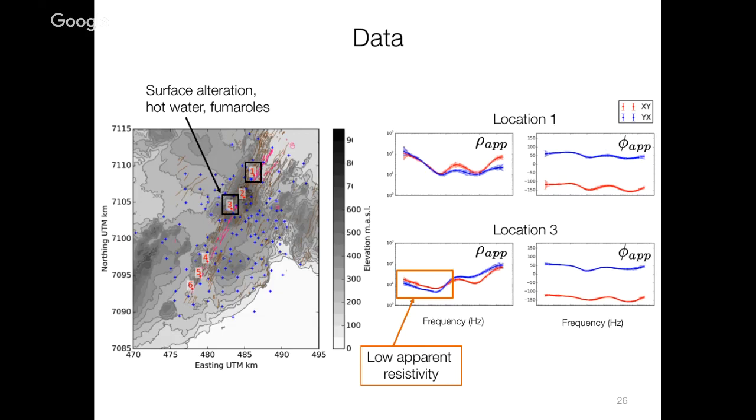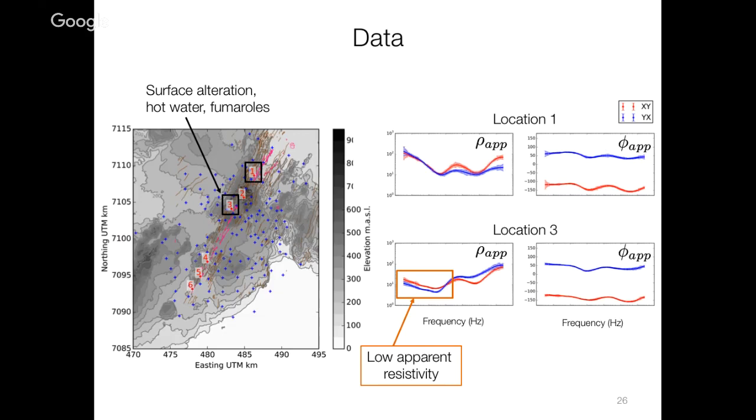And what we see up here in this first station, this is high frequency, so this is near the surface of the Earth. Both the blue and the red are basically lying on top of each other, which means nothing is changing with orientation, which means we're 1D. So this is 1D and it's resistive.